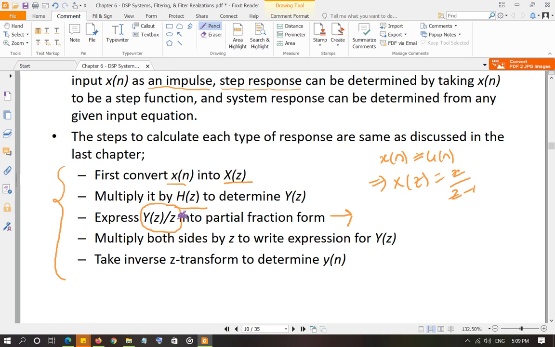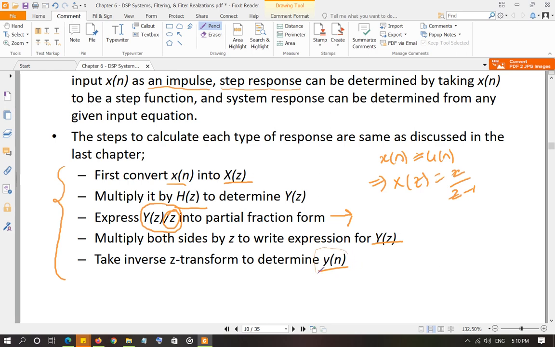Then you multiply both sides by z to get rid of the z here, and your equation will be just in terms of Y(z). And then you take the inverse z transform using the table, of course, Table 5-1 in the book, to get y(n). So that's our standard method to determine the system response. Remember, system response can be impulse response, step response, or in general any system response. That means you have to express y(n).